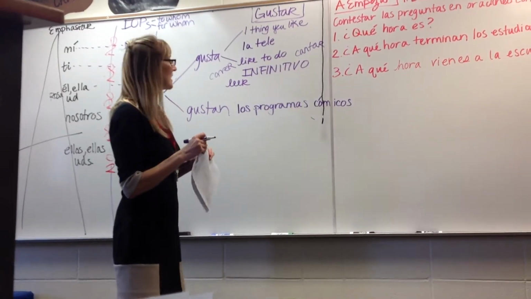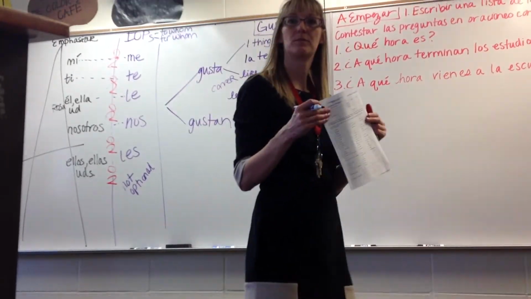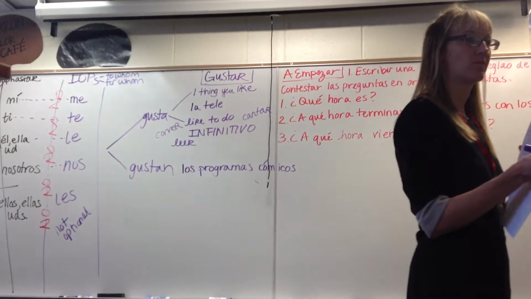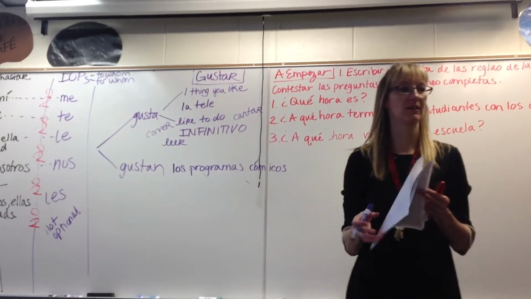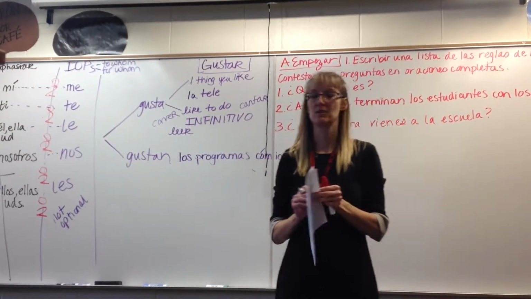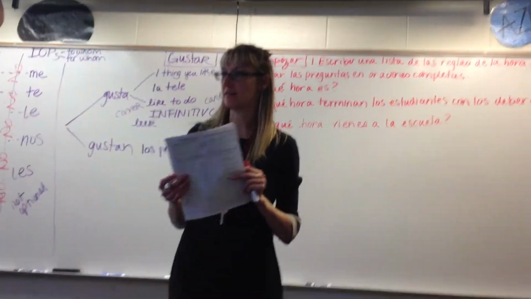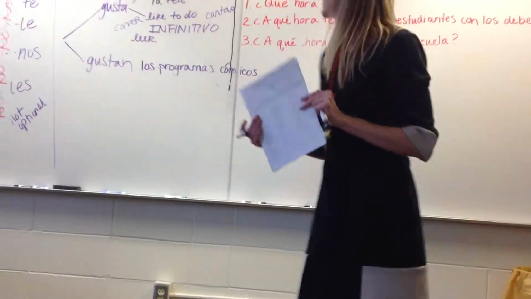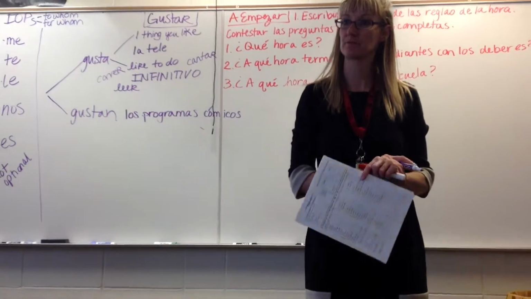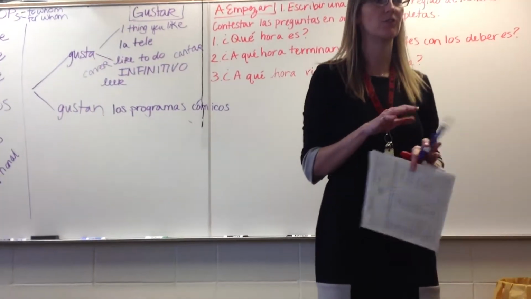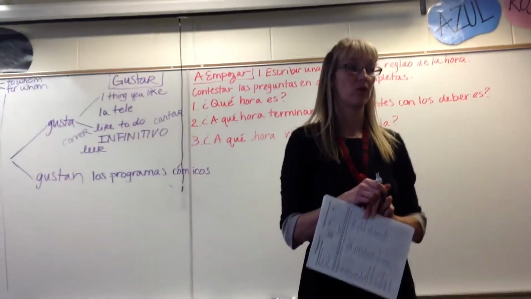All right. What if I like to travel and to sing and to run and to jump? Am I going to use gusta or gustan? I just gave you five actions I like to do. None of them are plural.